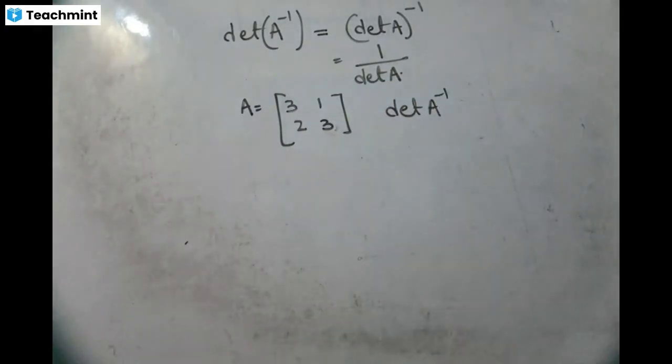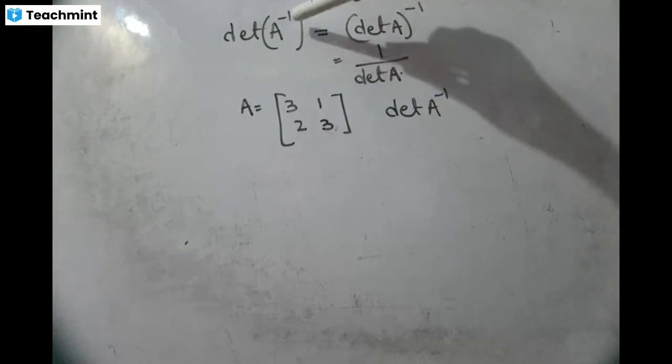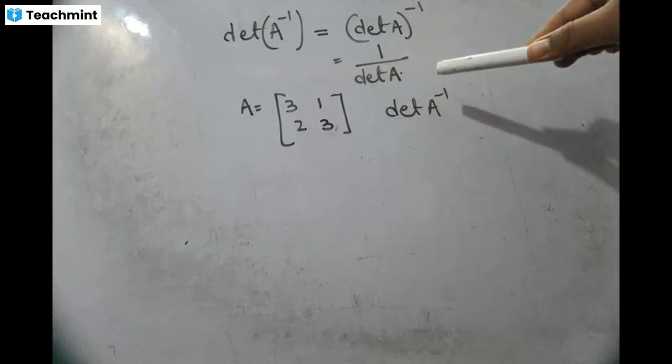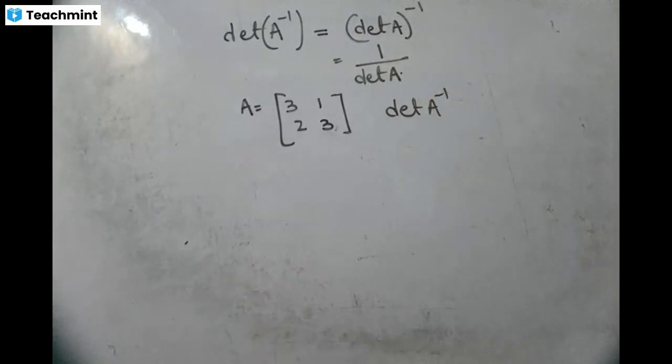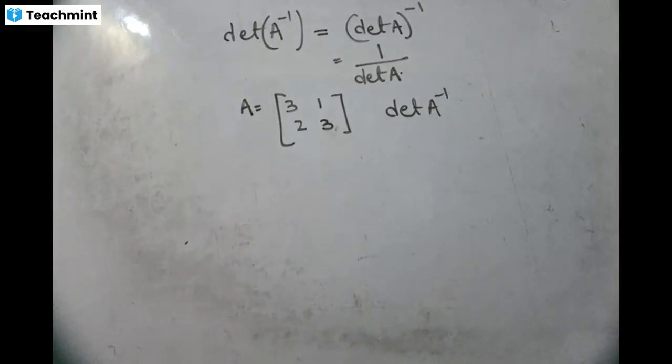If you don't know this formula, it is simple. This formula says determinant of A inverse is nothing but 1 by determinant A. If you don't know this formula, what you are going to do is find A inverse, because you know how to find A inverse. We have done lots and lots of questions based on that. The formula is adjoint divided by determinant.